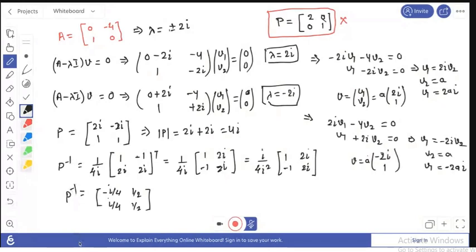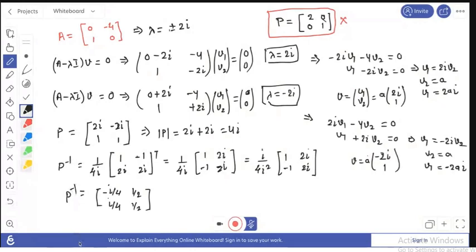Okay, so what is the matrix B? B is equal to, I think, this is i, and if you multiply this, this becomes plus i. So i plus i equals 2i. So in matrix B this is 2i.